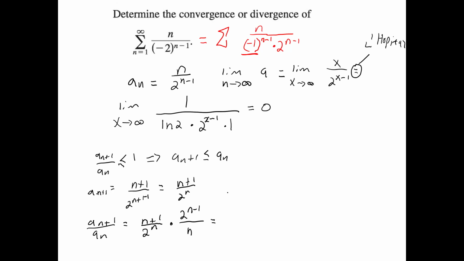And so then what we get here, let me rearrange things. We multiply fractions by multiplying straight across, so we get n plus 1 over n.